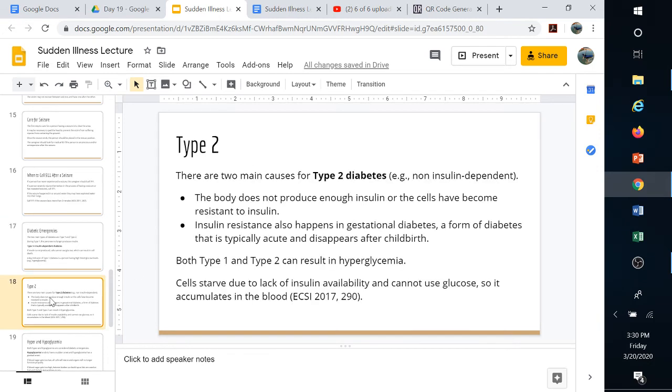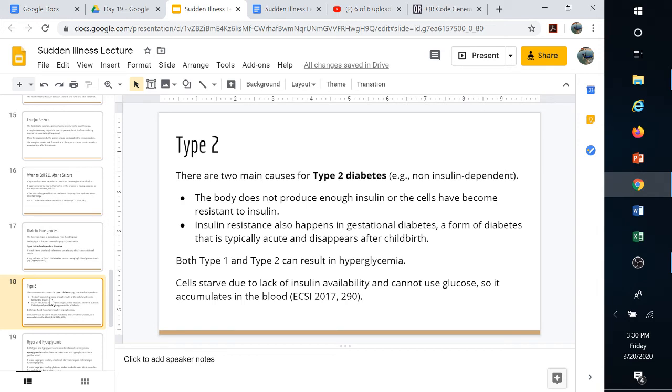So type 2: there's a couple of different things going on here, and we're seeing this especially as people are getting overweight and obese. We see a greater range of this. We're even seeing type 2 diabetes in juveniles. So the body doesn't produce enough insulin, or the cells have become resistant to insulin.